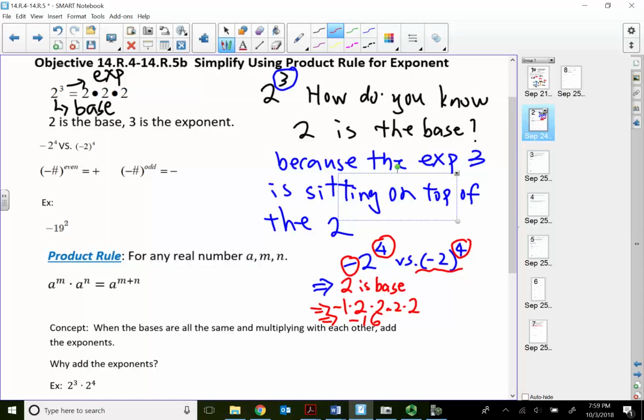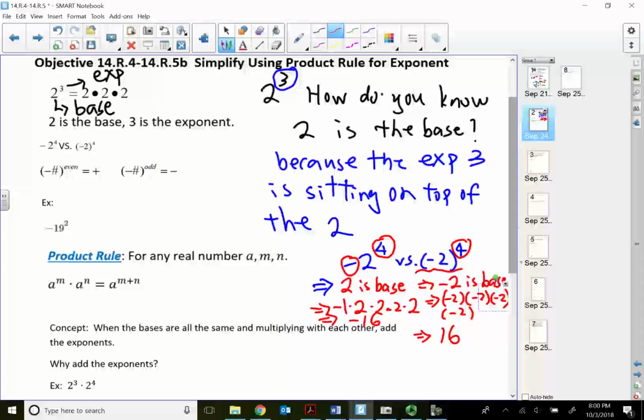That's why there is a parenthesis there. Therefore, negative 2 is the base, so it's negative 2 times itself 4 times. I'm going to purposely write them in parentheses so you can see it's negative 2 times itself 4 times. Therefore, my answer will be positive 16.